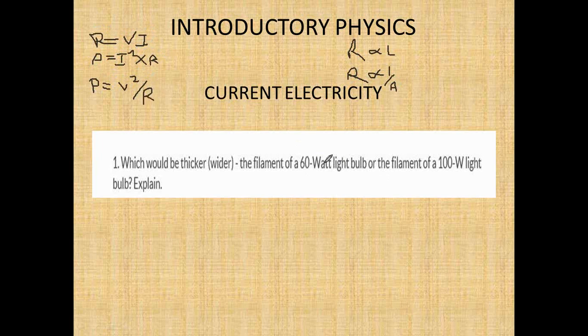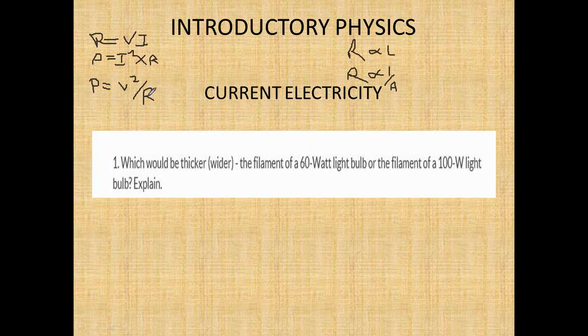So the lower the wattage, all right, so let's use this equation. Because we have voltage, assuming that you're talking about a household thing where the voltage is constant, then you can see that the power is going to vary inversely with the resistance.